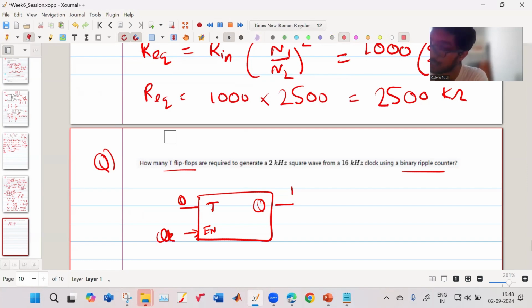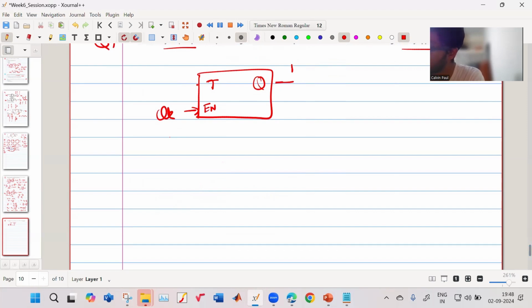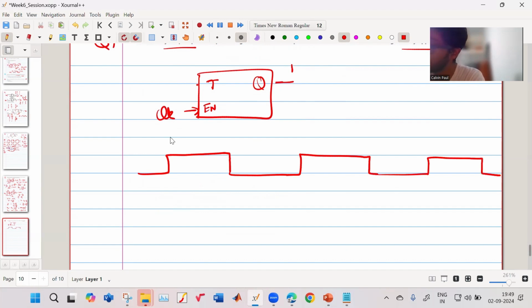T flip-flop doesn't have any input available, just an enable, which is your clock. So this is your input clock.